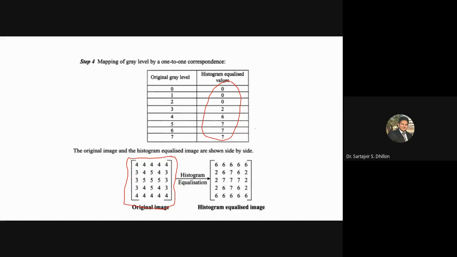So here you can just replace: 4 is replaced with 6, 3 is replaced with 2, 5, 6, 7 all are replaced with 7. So you have redrawn that particular image. So this one is your equalized histogram.